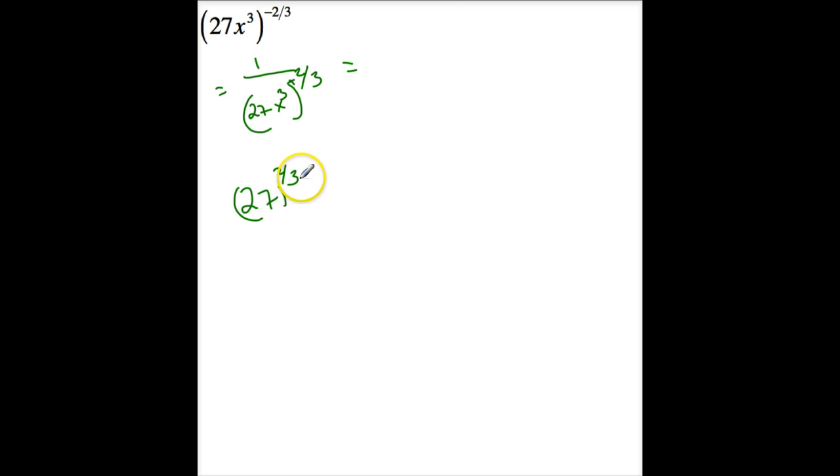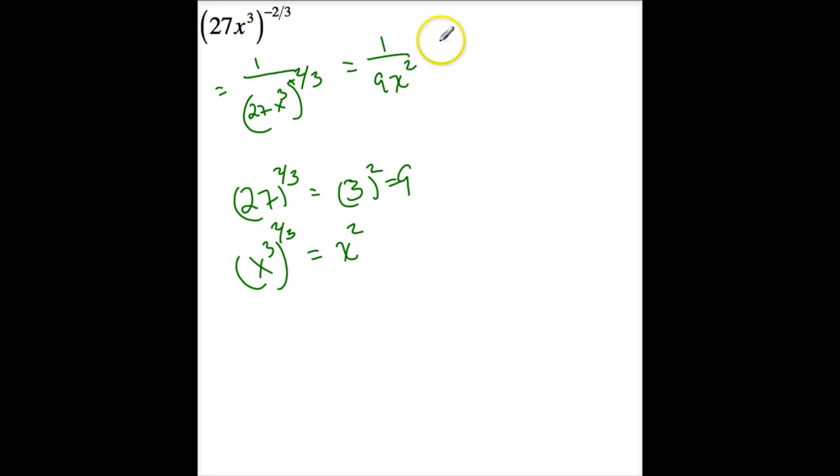So the cube root of 27 is 3, squared. So this becomes 9. And x cubed to the 2/3 is the same thing as x squared. So this whole thing becomes 1 over 9x squared.